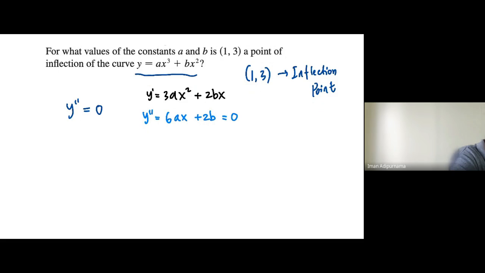And then we know that our inflection point happens at x. So maybe we can take this inflection point at x equal 1. So we know that 6a plus 2b is equal to 0.